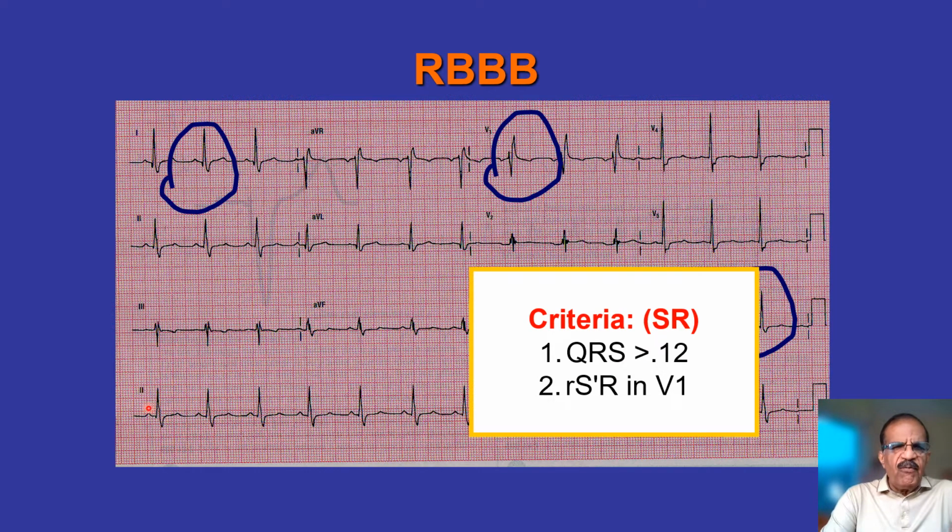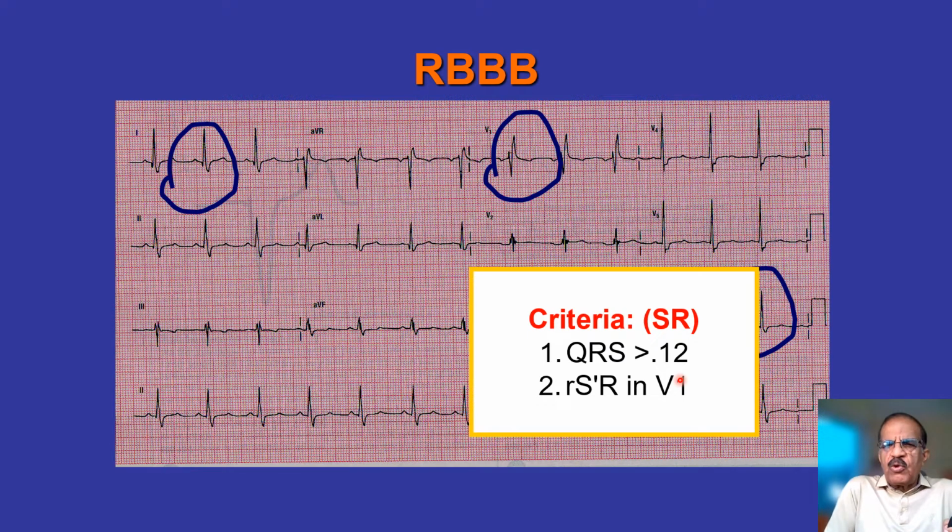but we assume that there is sinus rhythm, and we have demonstrated here that there is sinus rhythm. The second criterion is that the QRS is more than its normal width, and normal is 0.11, so it is 0.12 or broader. 0.12 would be equivalent to 3 small squares.